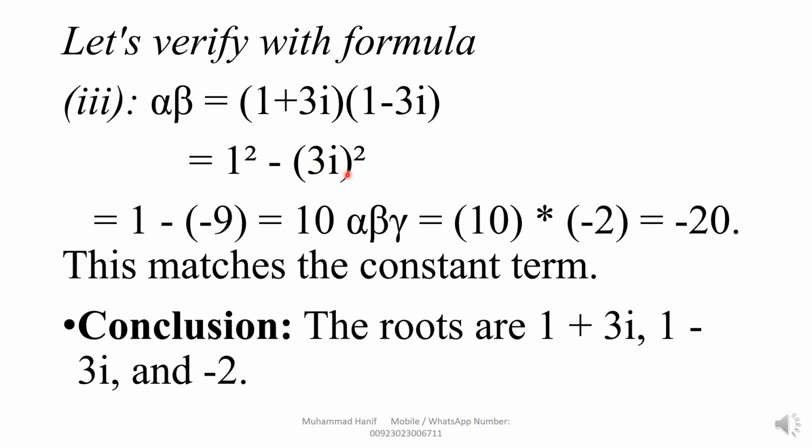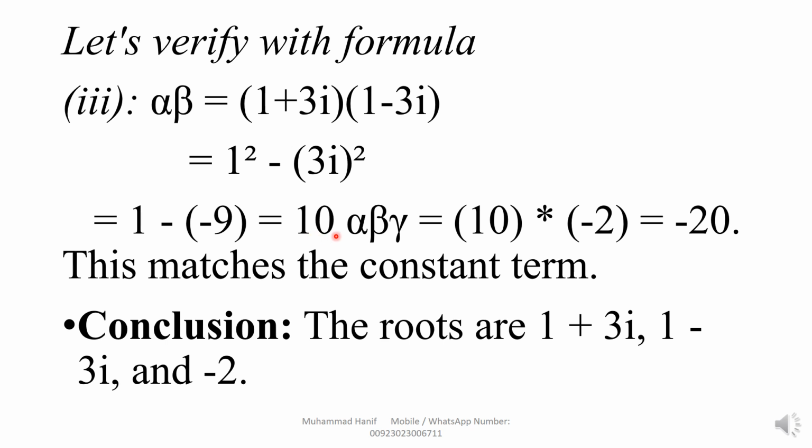Then 9 multiplied by minus 1 we get minus 9. This minus and this minus convert to a plus. 1 plus 9 equal to 10.